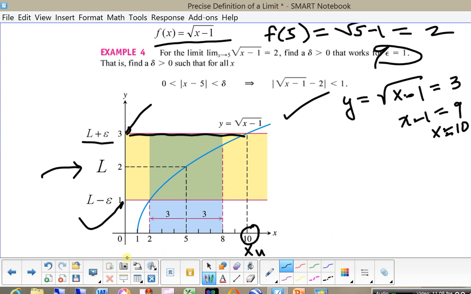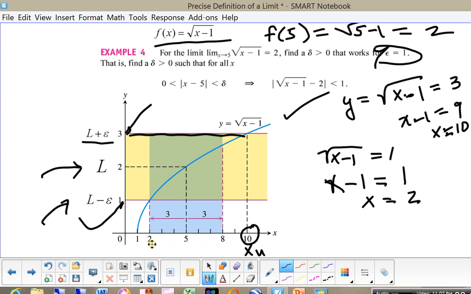Then we calculate the x lower by plugging in L minus epsilon equal 1. So we've got the square root of x minus 1 equal 1. Squaring both sides, we get x minus 1 equal 1, or x equal 2.